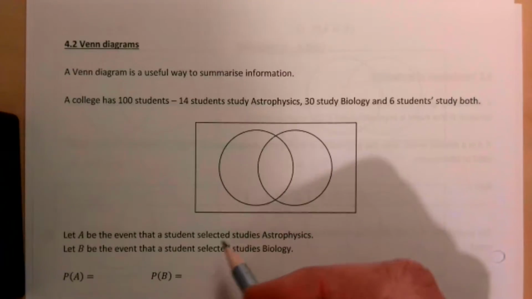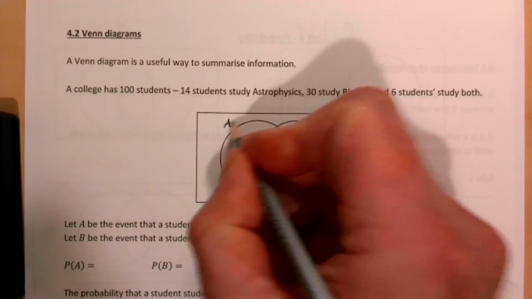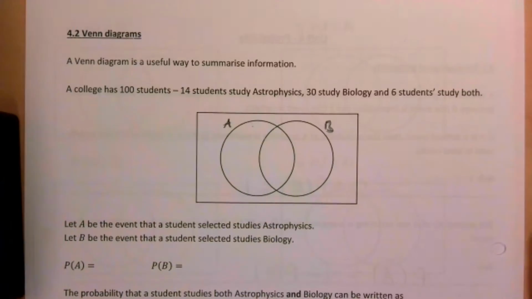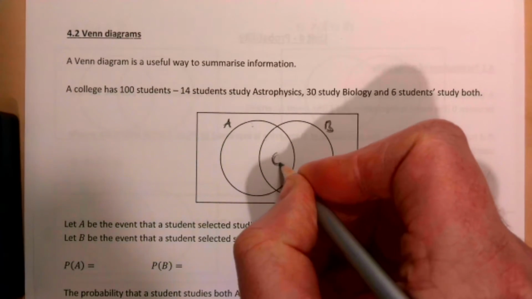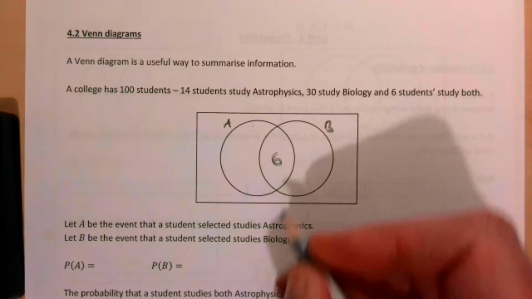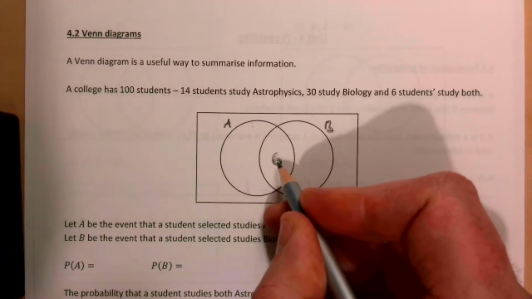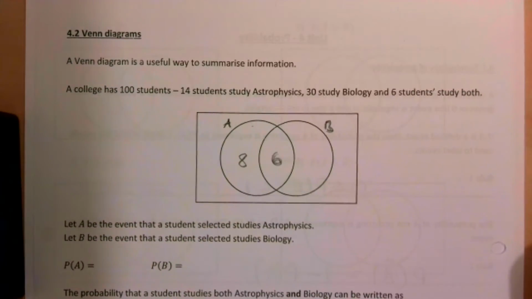Let A be the event that a student studies astrophysics. So I'm going to put my A here, symbolizing this circle here, and B for biology. We can put in that 6 study both, and obviously if 14 study astrophysics and 6 of them are here, then we must have 8 of them here.